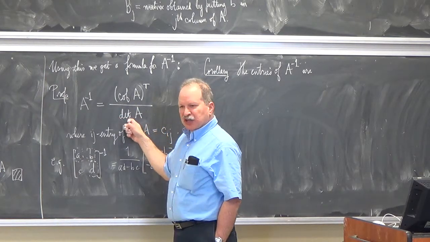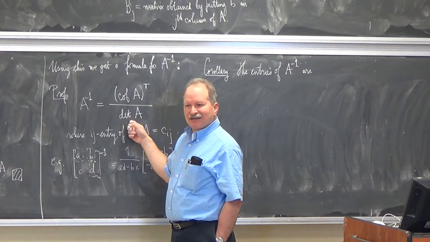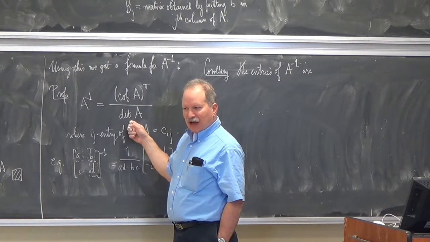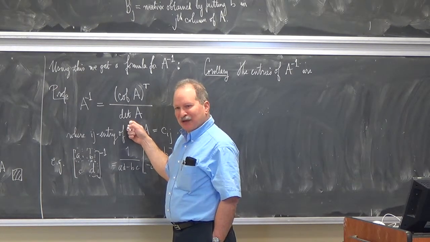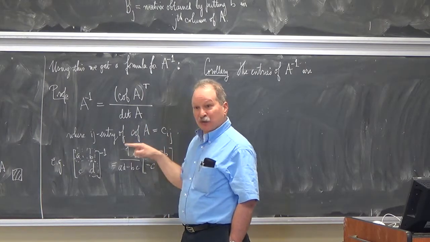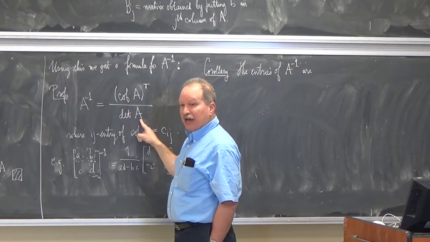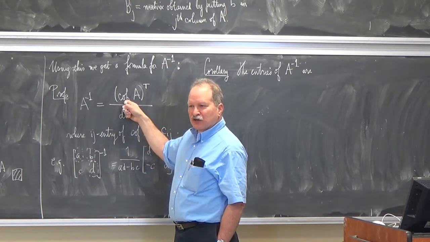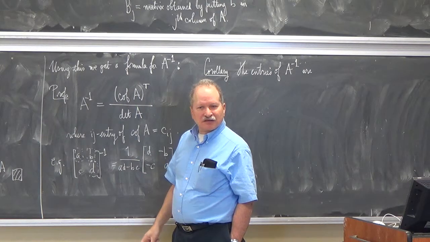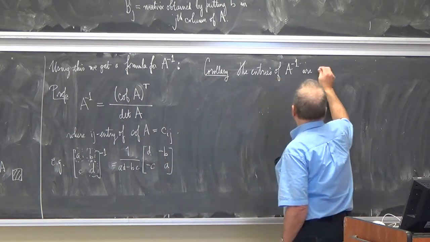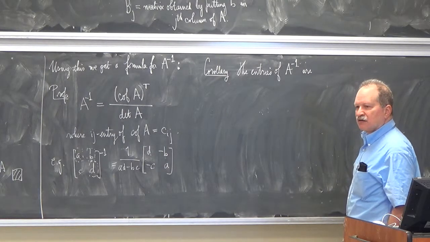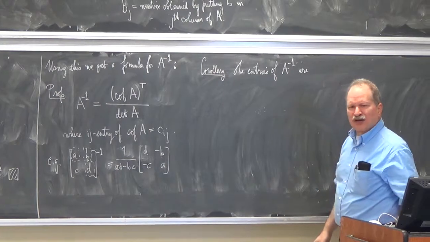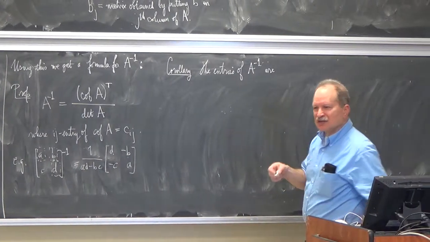But the determinant is actually a polynomial in the entries of A. If you think of the entries of A as variables, this will be a polynomial of degree n in the variables that are the entries of A. And each cofactor will be a polynomial of degree n minus 1. So, what's the quotient of polynomials? The difference of their powers. No. What's the word for a quotient of polynomials? Rational function. It's a rational function.